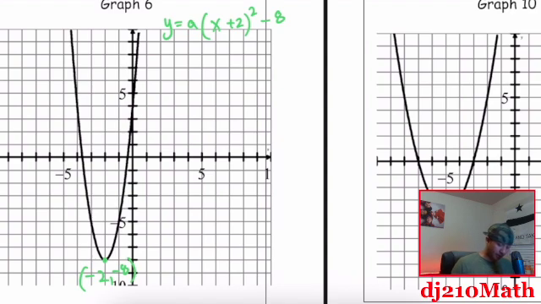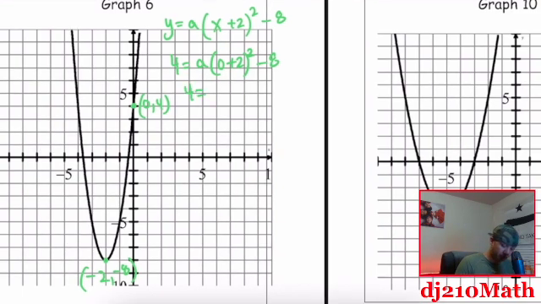So pick another point that's not the vertex: 0, 4. So y is equal to 4, a times (0 plus 2) squared minus 8. 0 plus 2 is 2, 2 squared is 4.